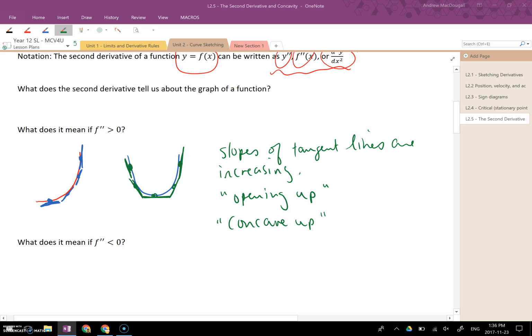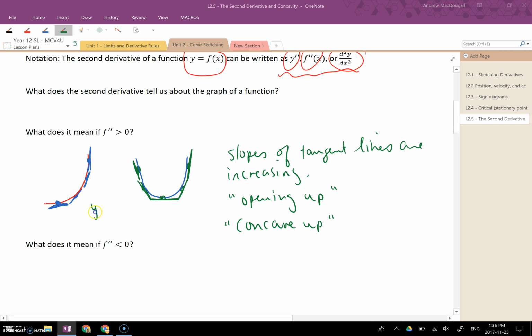Both of those mean the slopes of the tangent lines are increasing and our graph opens up. Consider y equals x squared. Its second derivative is 2. That means it's positive everywhere, regardless of what x is.